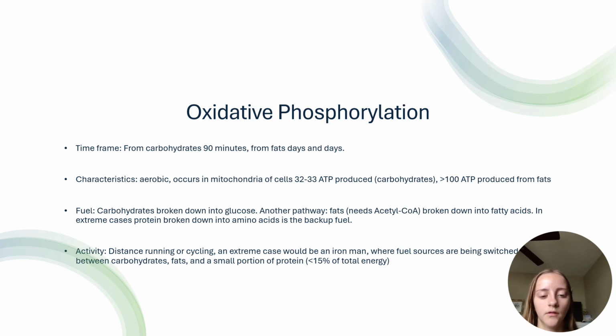The fuels that go into this are carbohydrates broken down into glucose again, and then an alternate pathway would be fats, which require acetyl-CoA. I have this little drawing here.